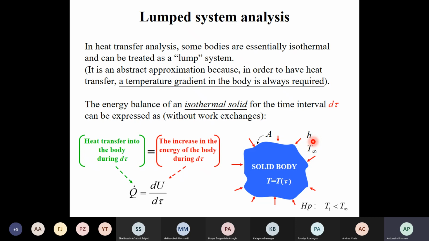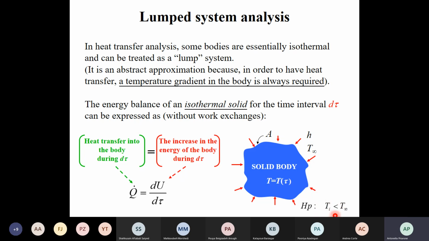I have to write an energy balance for my lumped system, and I write that the heat transfer into the body, because I assume it's the same if you do the opposite case with a body with a temperature bigger than the fluid. You have to change the sign, minus plus, in the two sides of the equation. But for me, now I assume that the temperature of the body is at the beginning lower than the temperature of the fluid.